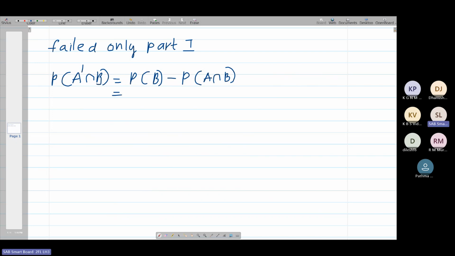Probability of B is 15, then minus intersection 3. What is the answer? 12 over 50. It means 12 candidates passed only part 2. 15 students passed part 2, but 3 students passed both parts. Therefore, 12 candidates passed only part 2. It's clear?